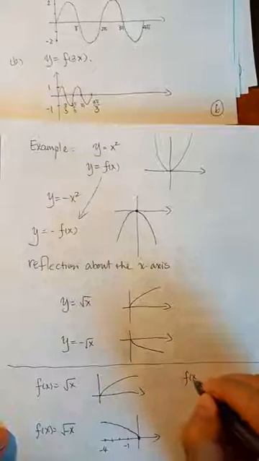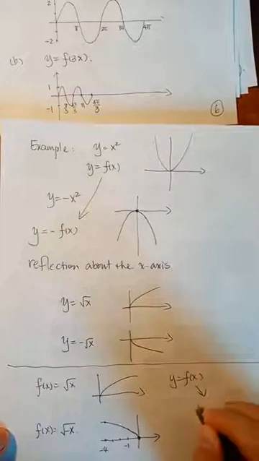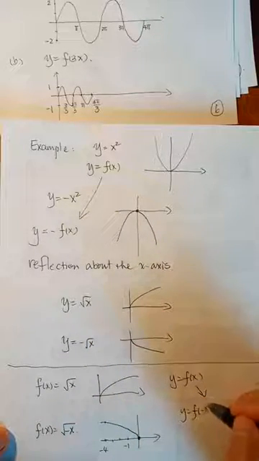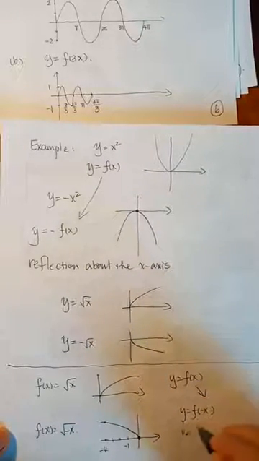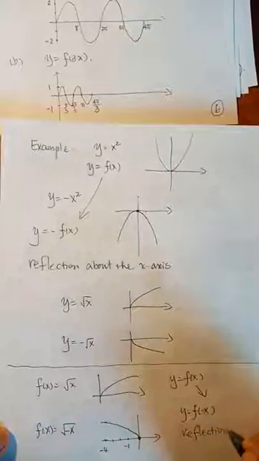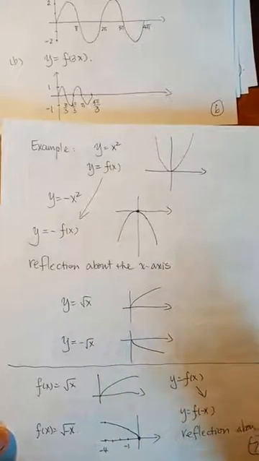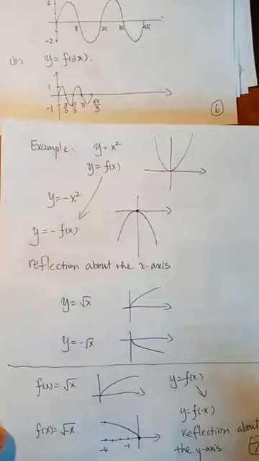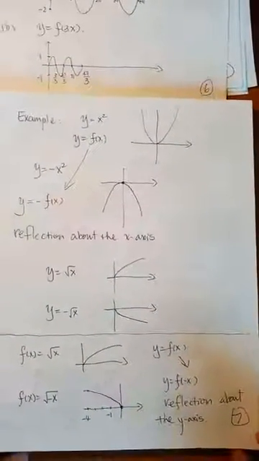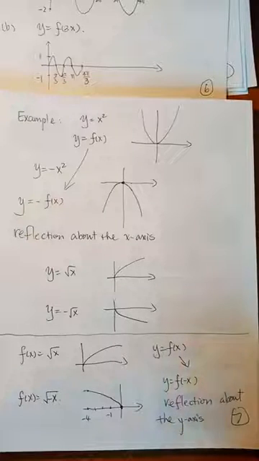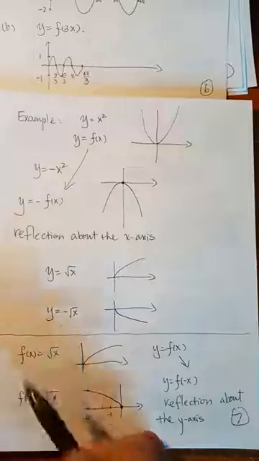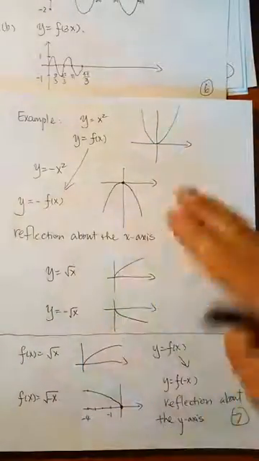So from f(x) to f(negative x), you get a reflection about the y-axis. So you directly put a negative sign outside, you get a reflection about the x-axis. You flip it down.